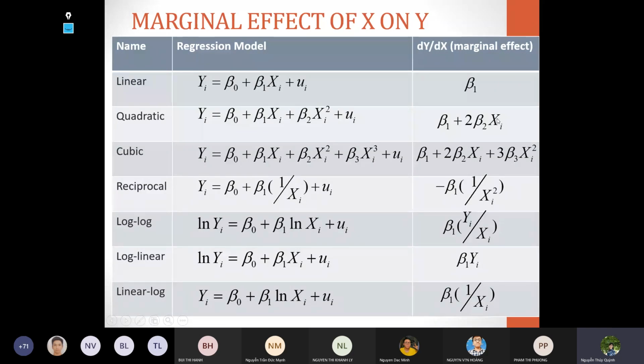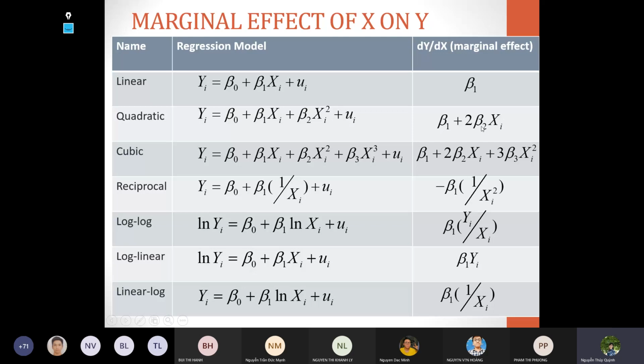In this case, the marginal effect of x on y will be a decreasing or diminishing marginal effect if beta 2 here is a negative number.